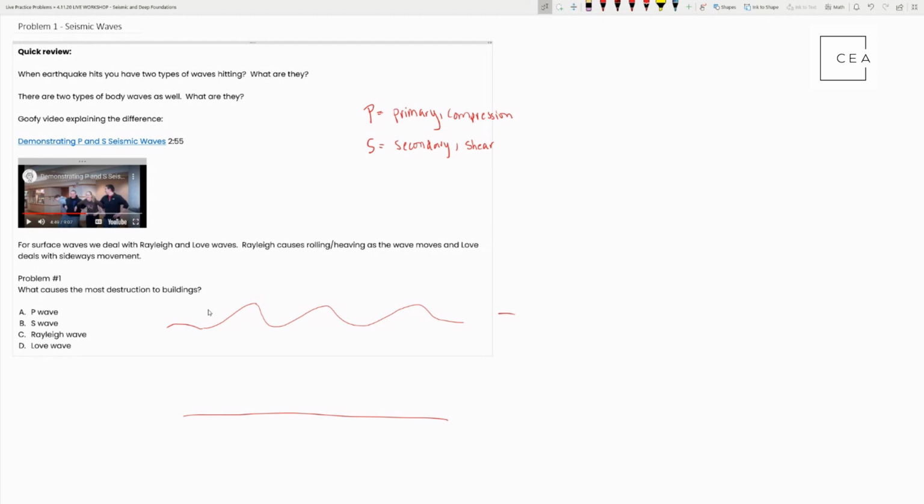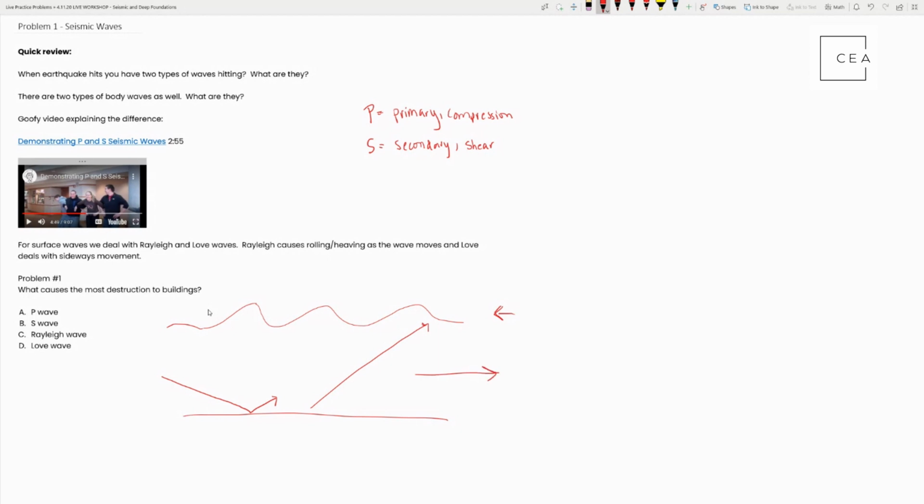So yeah, these are your surface waves. If this is the ocean, this is what you're dealing with on the surface. The P and S waves are bouncing around underneath the surface, and they can bounce off the surfaces, they can refract, they can change direction, they can reach the top, they can do all kinds of weird stuff. They can just go straight through.